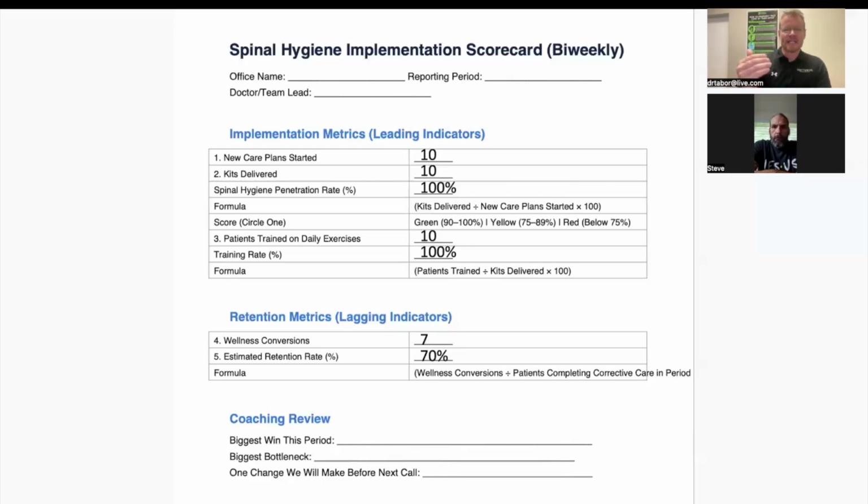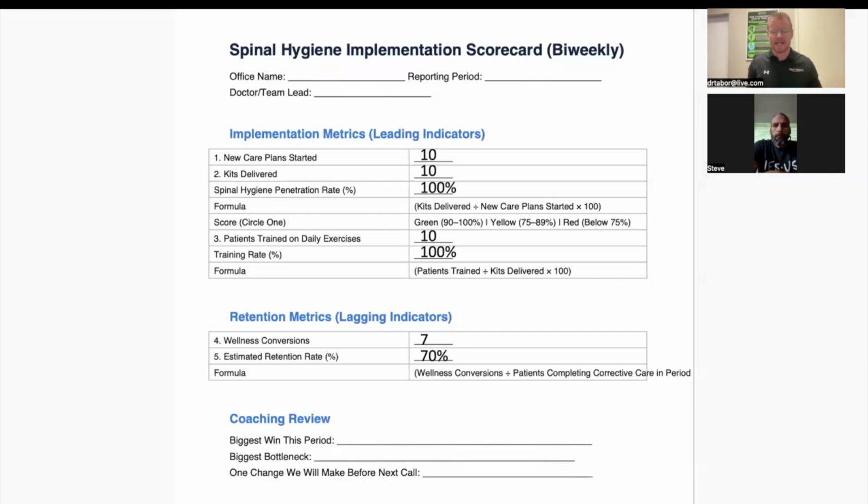And those leading indicators will help us to increase what we call our lagging indicators, which is retention. These are our retention metrics. And all we're going to do is look over that last 2 weeks period of time. How many people did we convert to wellness? Now, this can be a little bit tricky because some patients don't complete their corrective care plan, but that's part of the system.